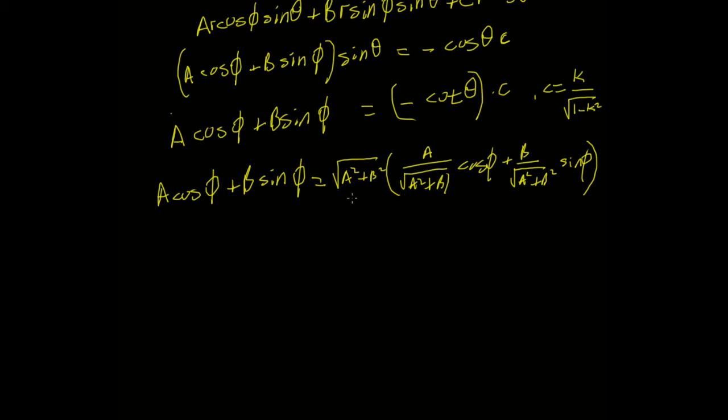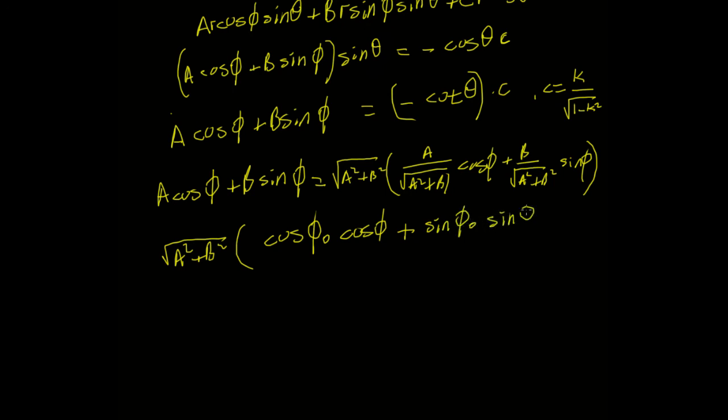So we could rewrite that as the root of a squared plus b squared times cos of phi naught cos of phi, plus the sine of phi naught sine of phi.